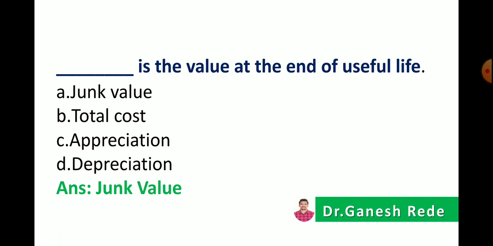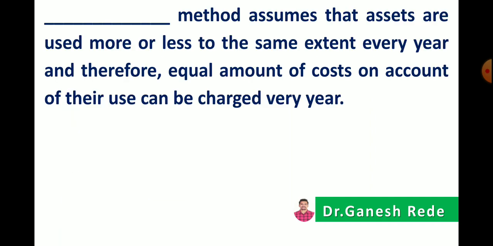The next, dash dash method assumes that assets are used more or less to the same extent every year and therefore equal amount of costs on account of their use can be charged every year. Option A, straight line method.